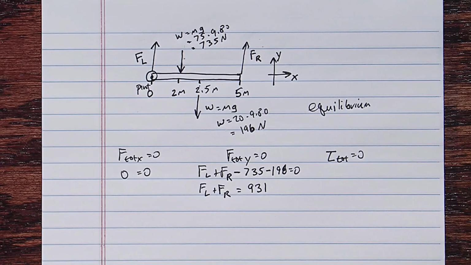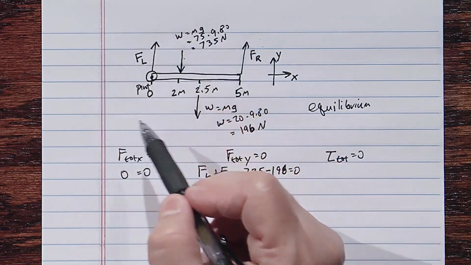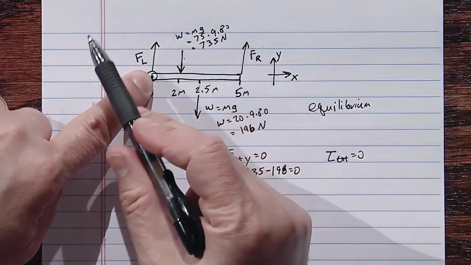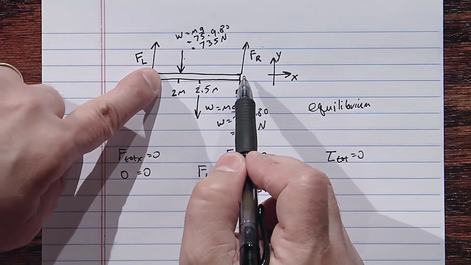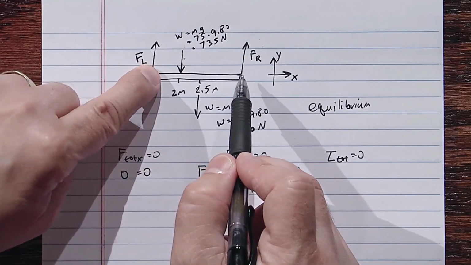Remember that a counterclockwise torque is a positive torque. The only force here that will turn the board in the counterclockwise direction, if this is our pivot, is force right. Okay? This is our pivot point right here. So I'll hold the board steady right here.